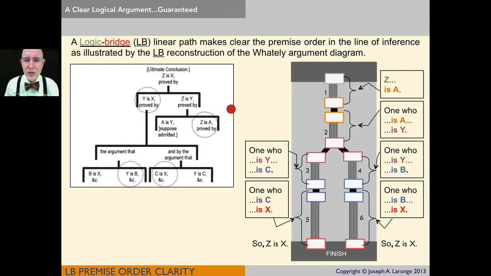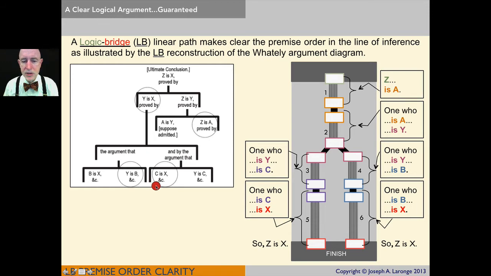And that's what happens when you use a logic bridge, because it always makes clear the premise order in the inferential line of reasoning. So there's never any question which comes first. Here you see, let's look here, Y is X or Z is A. Well, you can see that when you run it in a logic bridge format, you can see right here, Z is A is first before the Y is X. And we looked at Y is B premise and C is X premise.